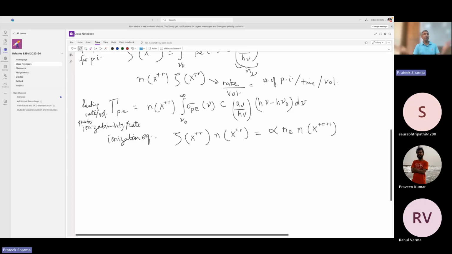In ionization equilibrium, the number of all ions, the number of electrons, everything is fixed in time.